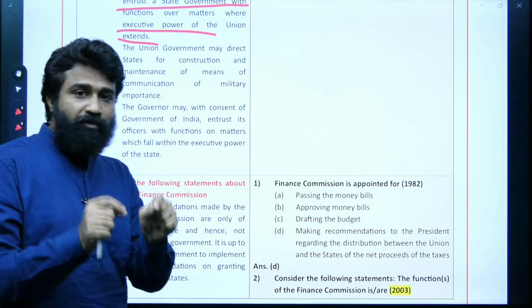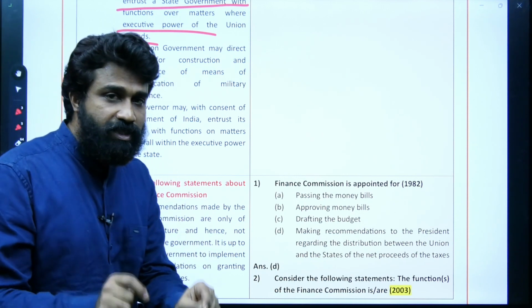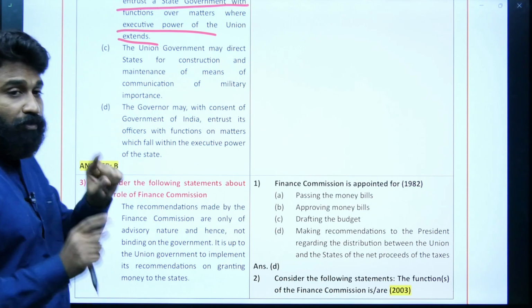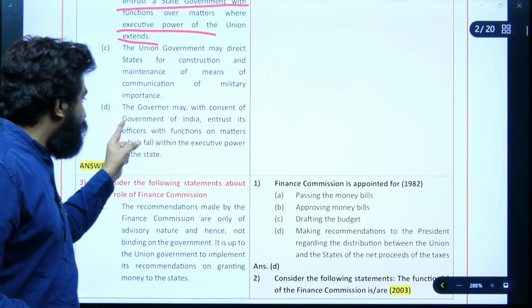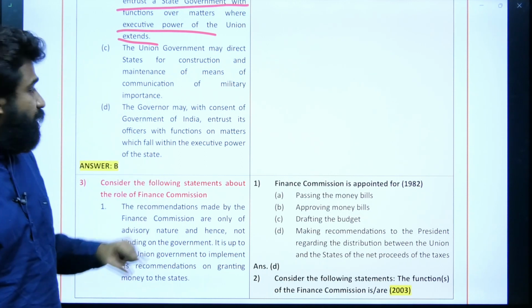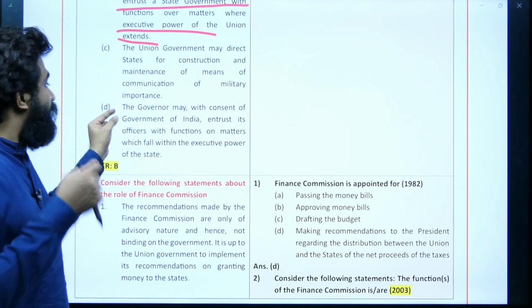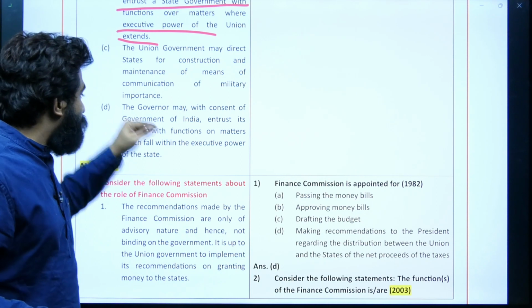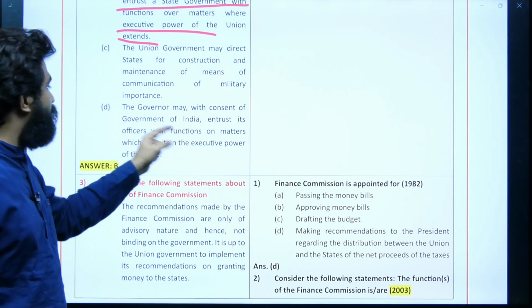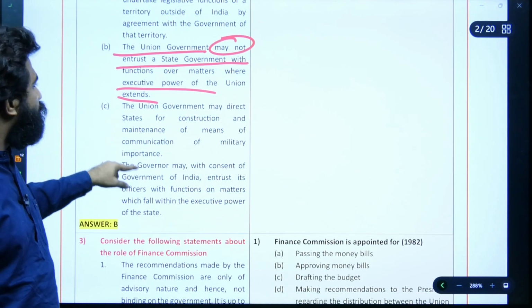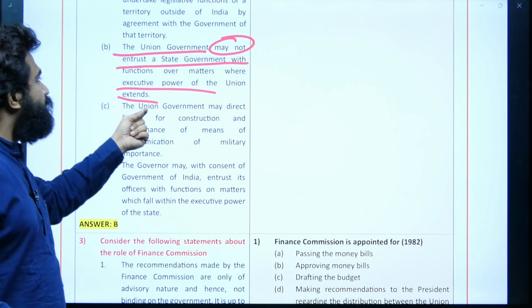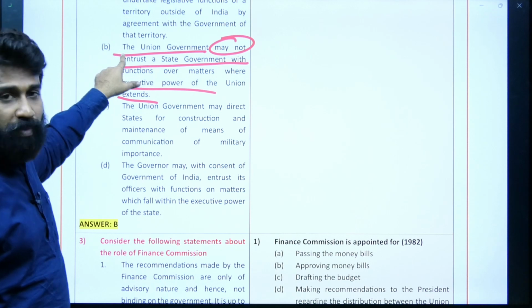That means the power which lies in the executive power of the state may be entrusted to the government of India with its consent. This is quite a little opposite statement to this B.